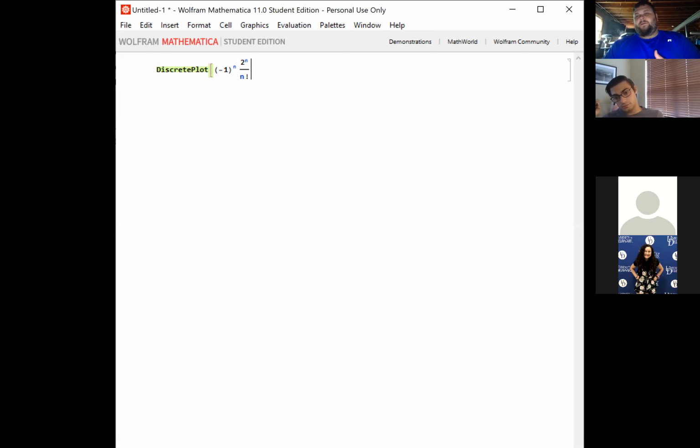It's not a line or a parabola or whatever kind of curve it would create. So then the points are not connected. So -1 to the n, 2 to the n over n factorial. And let's see, I think I need to tell it n, start at 0, and go to 10.